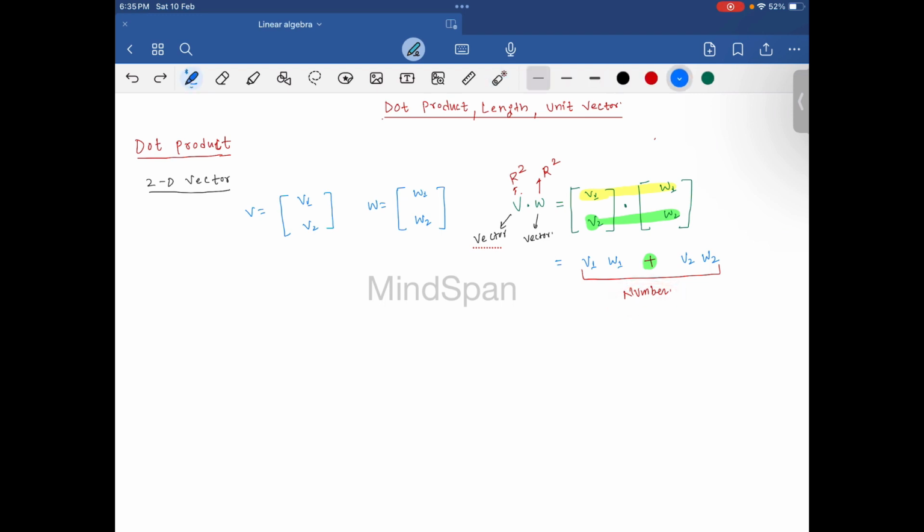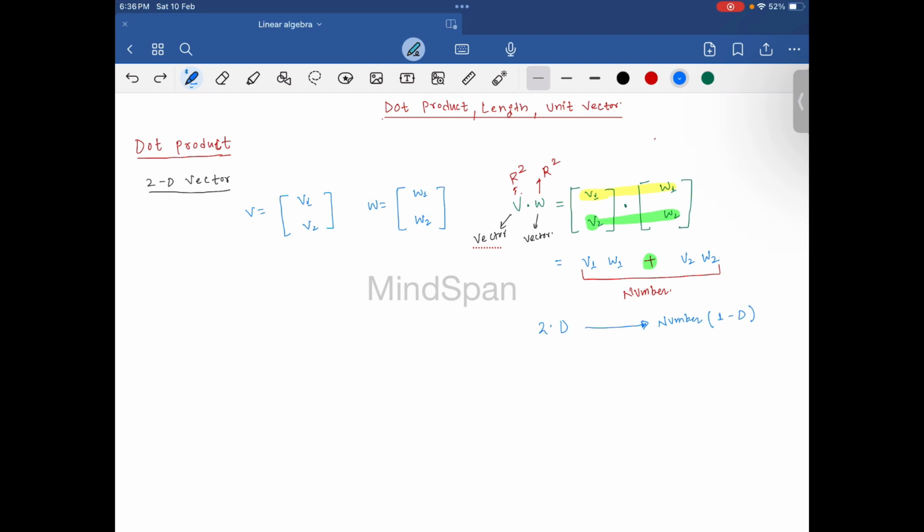So there is some kind of transformation going on here: a two-dimensional vector gets mapped to a real number that you can represent on a real line, so one-dimensional. You can think of the dot product as some kind of transformation.